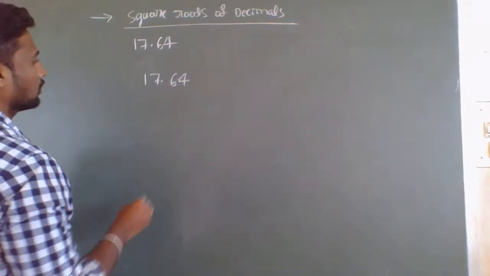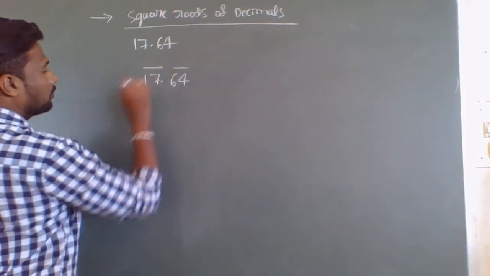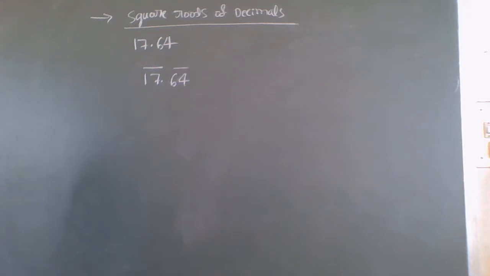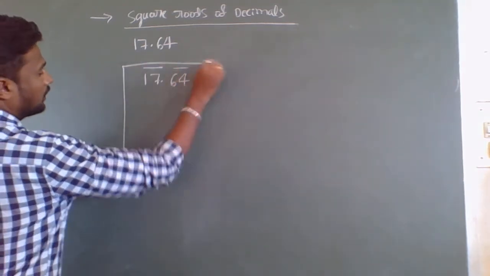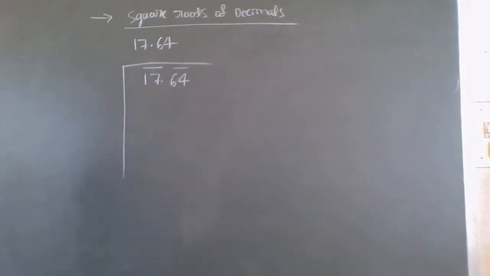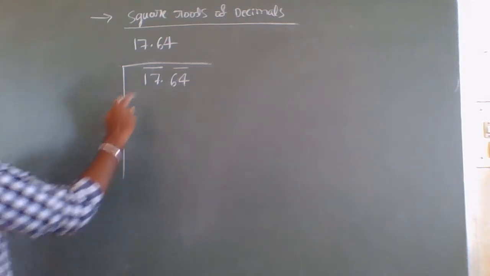So here first I will consider 64 and second group 17. Now by the division method we will try to find the square root of 17.64.